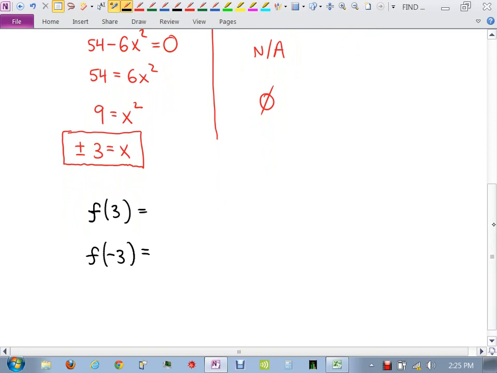Into the original function. So when I plug in 3, what do I get? I'm plugging it into that 5 plus 54 times 3 minus 2 times 3 cubed, which equals some number between negative infinity and infinity. Anybody get 113? Yes? Did you have that already? Okay. And then negative 3?